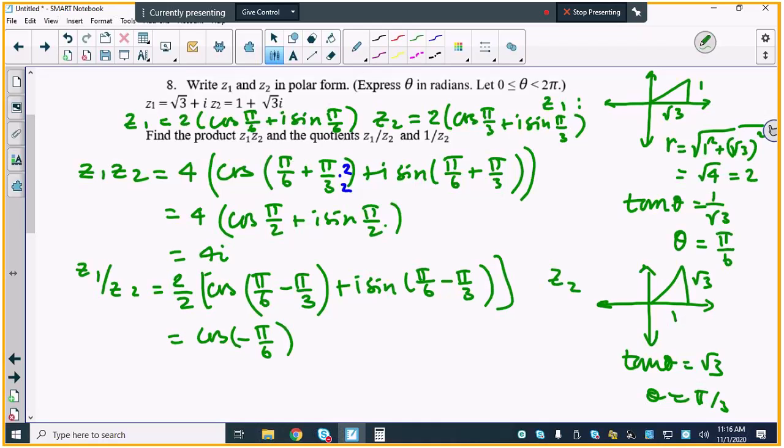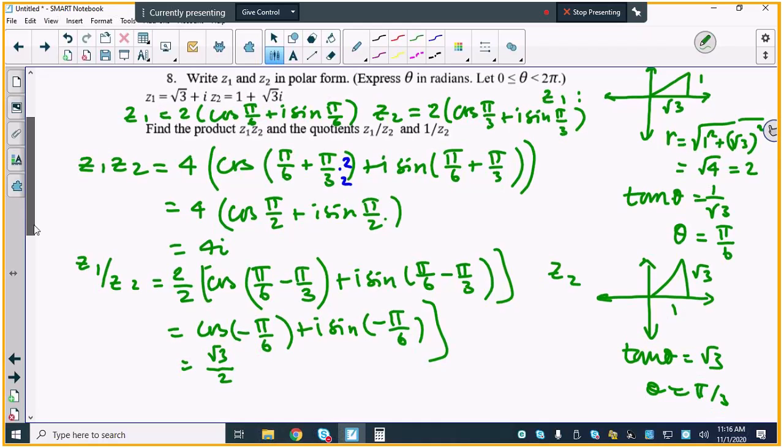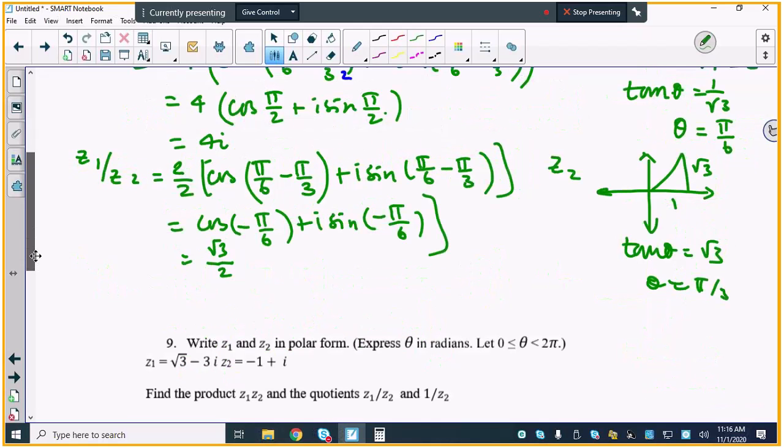Remember, cosine is even, plus i sine minus pi over 6, and sine is odd. So I get positive square root of 3 over 2, because cosine being even, cosine minus pi over 6 is cosine pi over 6. Whereas sine being odd, the minus comes out, and I get minus 1/2 times i. So that's z1 over z2.